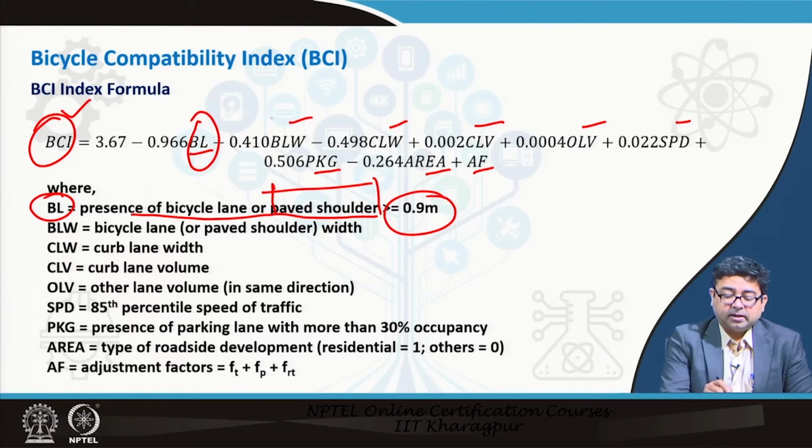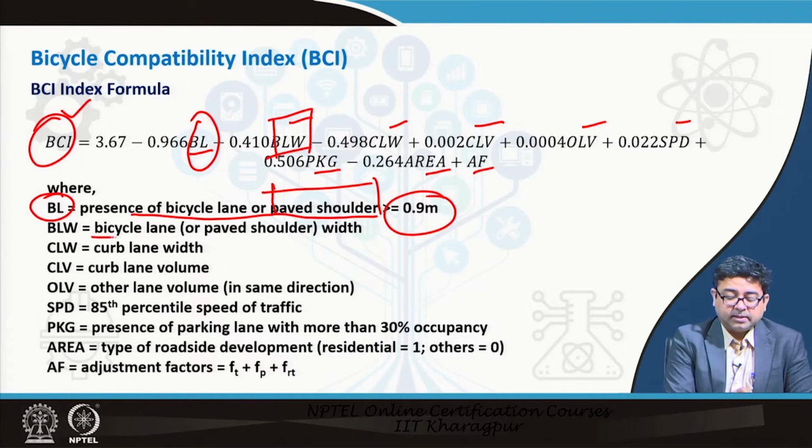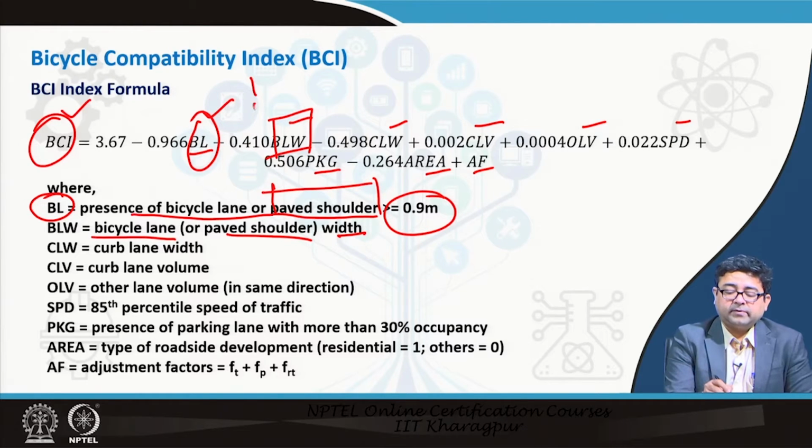The next factor is called BLW, the bicycle lane or paved shoulder width. The first variable is a yes or no kind of variable. Is there a paved shoulder greater than 0.9 meter, or is there a bicycle lane? If yes, it has a value of 1. If no, it has a value of 0.